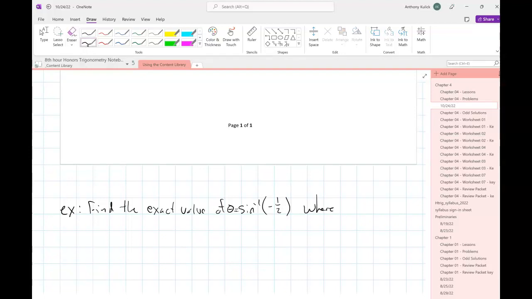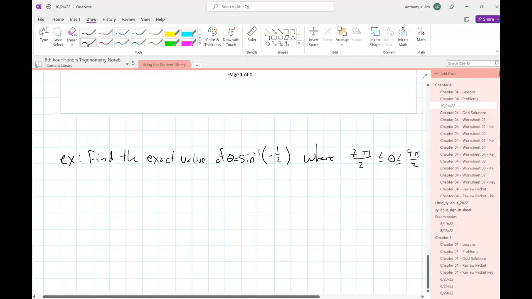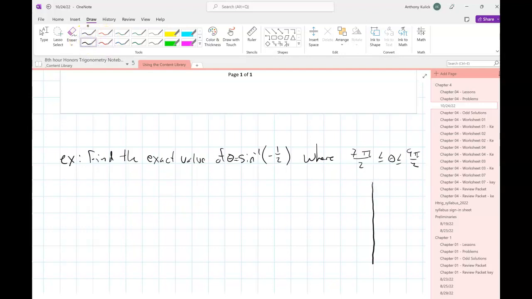Find the exact value of theta equals sine inverse of 1/2, where theta is between 7 pi over 2 and 9 pi over 2. Okay. Well, my first question is, what quadrants are we looking at here? So I'll draw myself a picture.